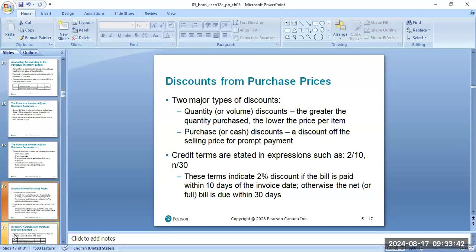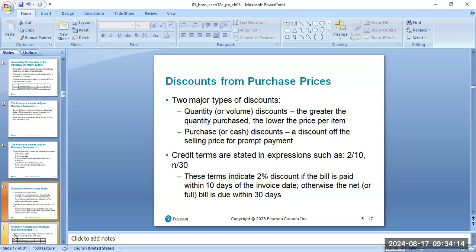First is the quantity or volume discount: the more you buy, the less I'm going to charge you per unit. Some online stores, for example, have the first 100 items at one price, and if you buy between 100 and 1,000 items, you get a lower price per piece.